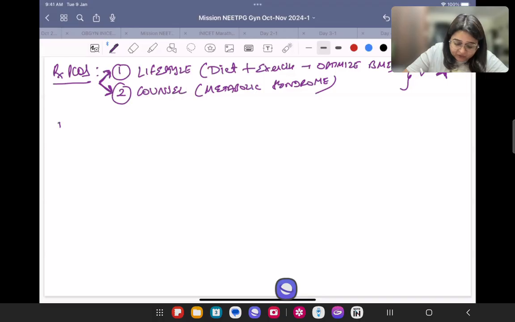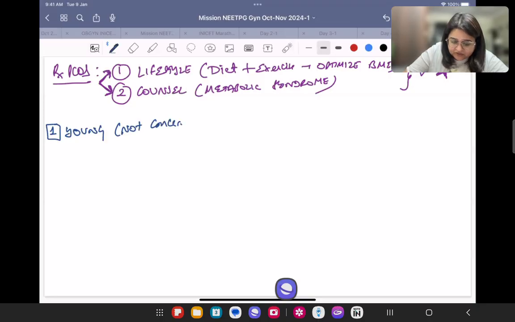We'll now go to different age groups and different complaints. So the first age group that comes commonly to us in the OPD is the young woman. The young woman who is not concerned about getting pregnant. So she may be unmarried, she may be married, doesn't matter. पर उसको concern fertility नहीं है अभी. She may be adolescent, she may be young, she may be unmarried, she may be married, but not concerned about fertility.